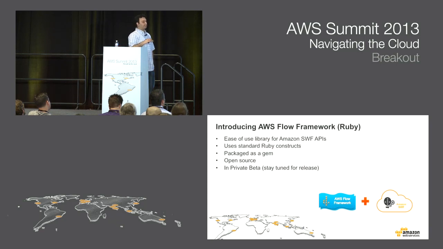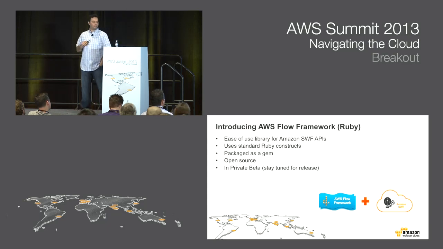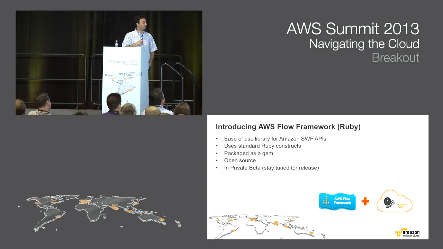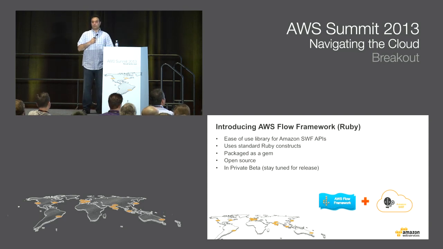It hides the details of our APIs and makes it very natural for you to program against Simple Workflow in Ruby. It's built using standard Ruby constructs, and it allows you to use standard Ruby constructs to talk to Simple Workflow. We package it as gems, so you can easily deploy to any environment.